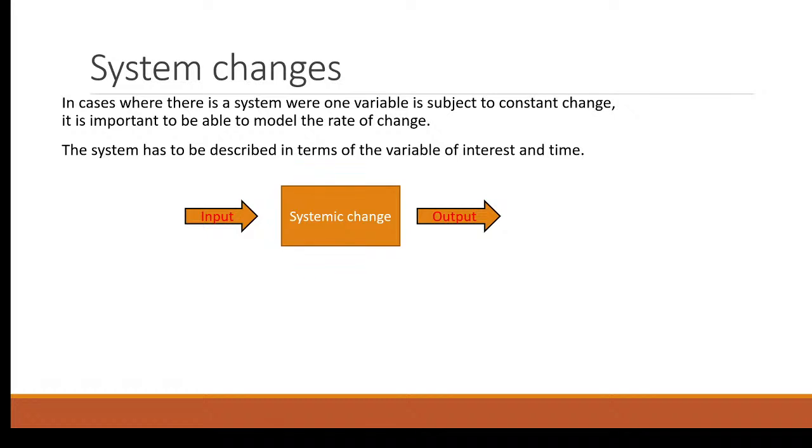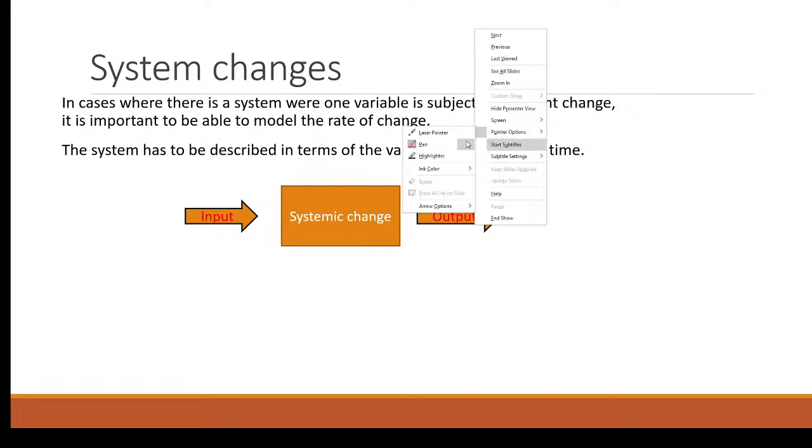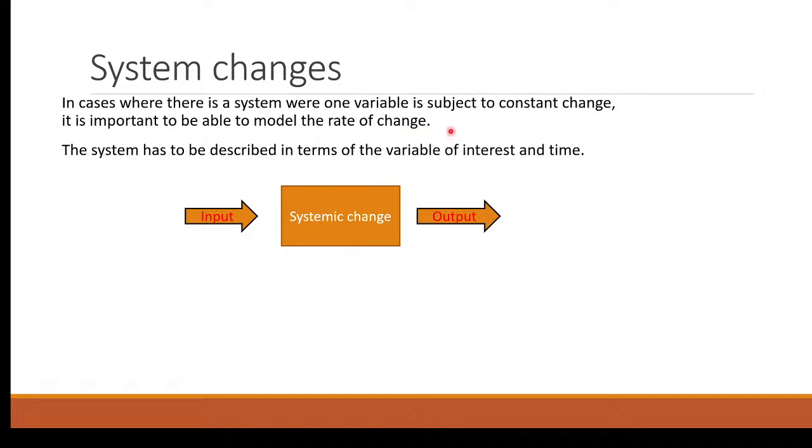All right, so when we talk about mixing problems, what we're talking about is system changes, a linear system. In cases where a system has one variable subject to a constant change, it's important to be able to model the rate of change.